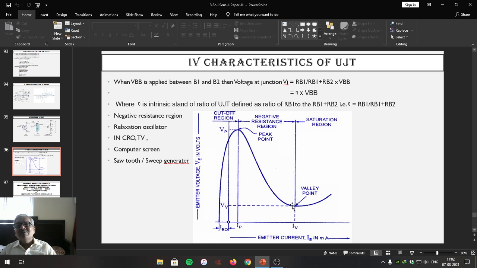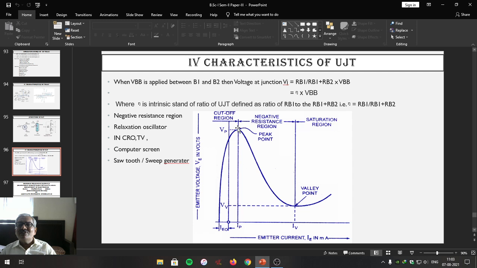In Ohm's law, as voltage is proportional to the current, there exists a proportionality constant that we call resistance, whose value is positive. But in this case, a decrease in voltage increases the current, meaning the resistance associated is negative. So that's why we call this region the negative resistance region of working of UJT.